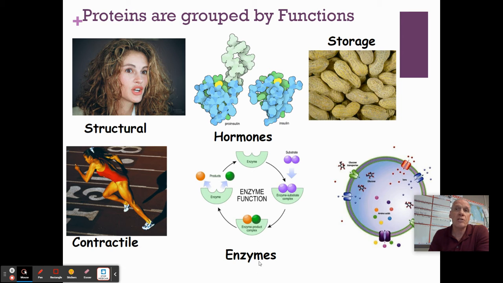Of course, one of the biggest and most important roles that proteins play in our body are enzymes, and enzymes are biological catalysts. What's a catalyst? A catalyst speeds up a chemical reaction. Our bodies are relatively cold, 37 degrees centigrade, 98.6 degrees Fahrenheit. That is pretty cold for a chemical reaction to occur. It would occur very slowly.